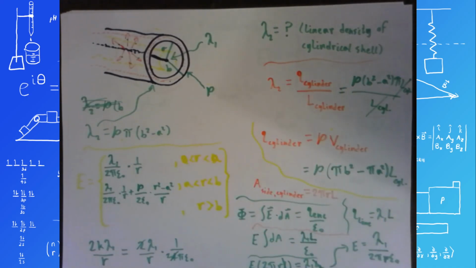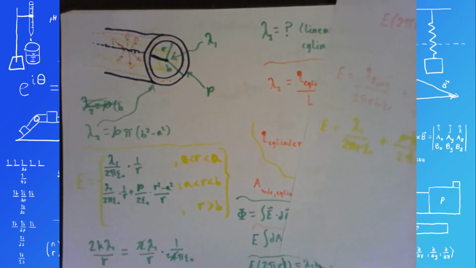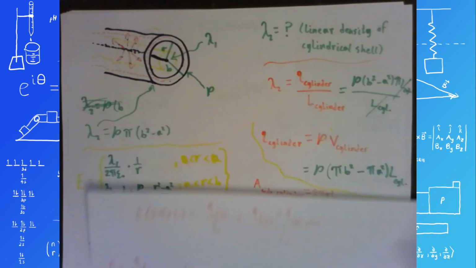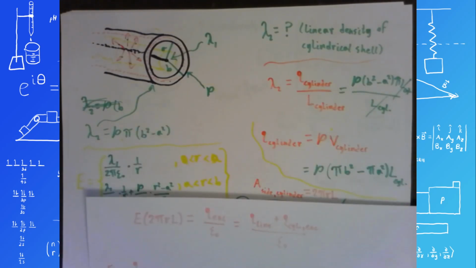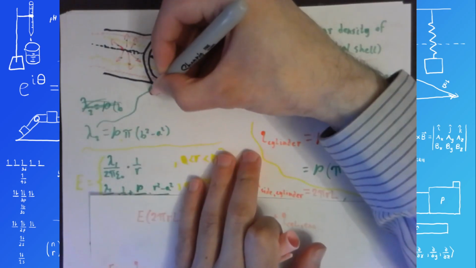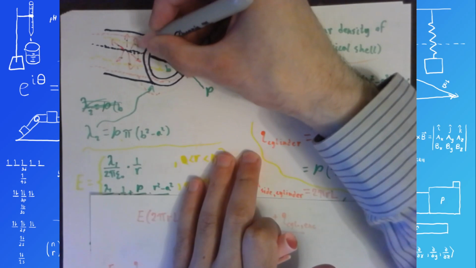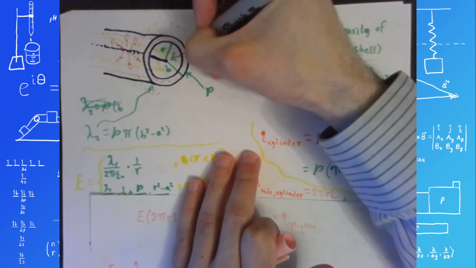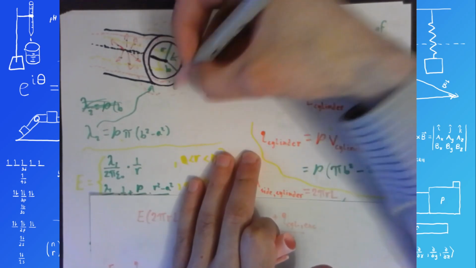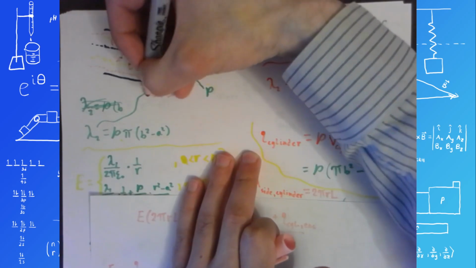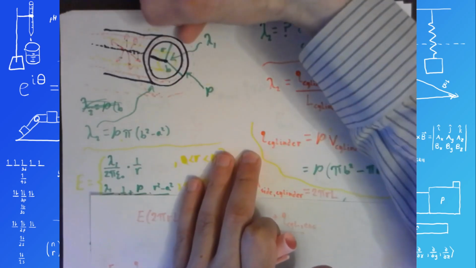And finally, we can now do a cylindrical Gaussian surface surrounding the entire system. A Gaussian cylinder surrounding everything and enclosing everything.